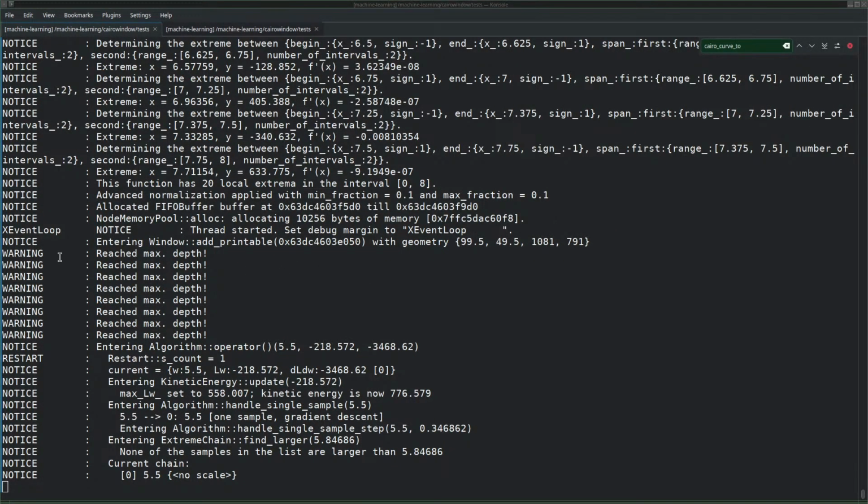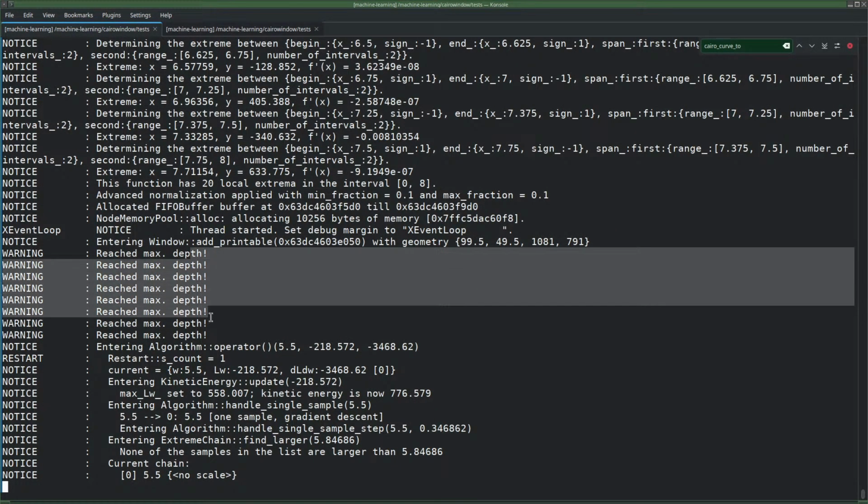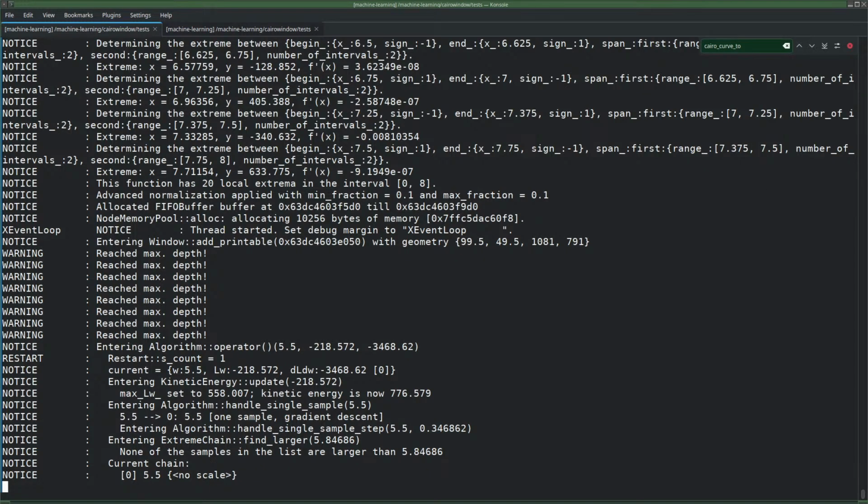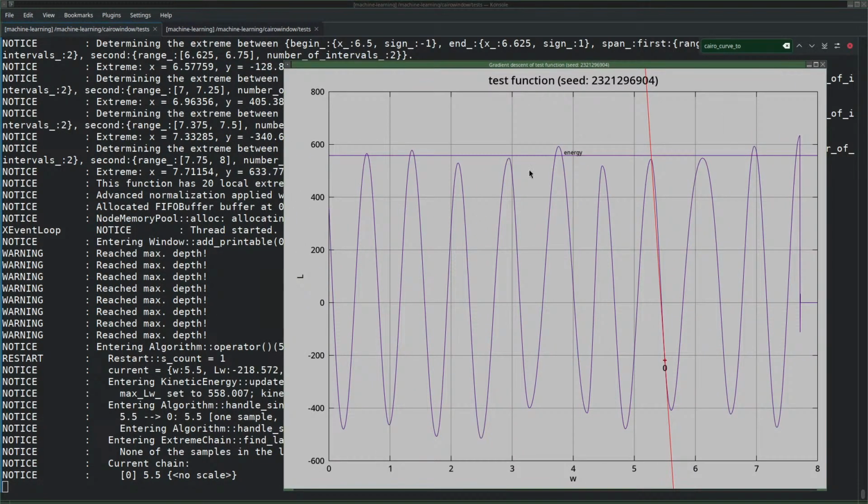Yeah, reach max depth. That's kind of weird. That probably happens because of the step here, I think. Yeah.